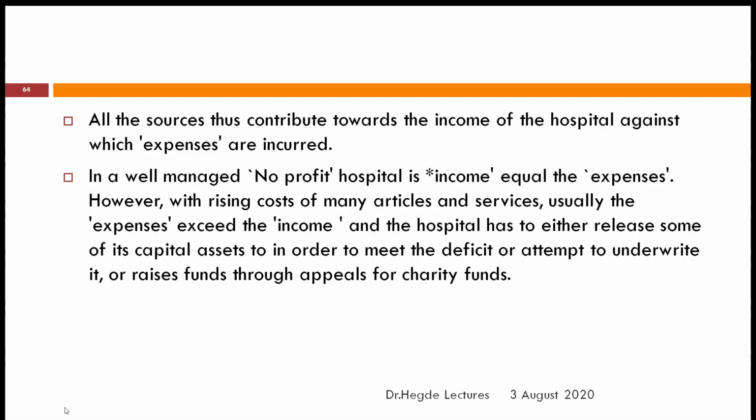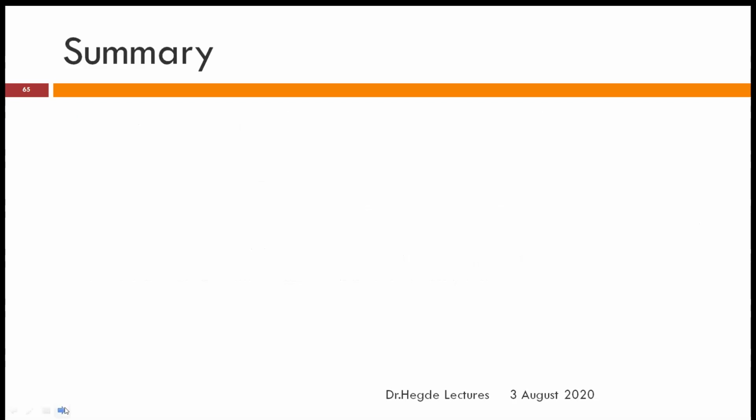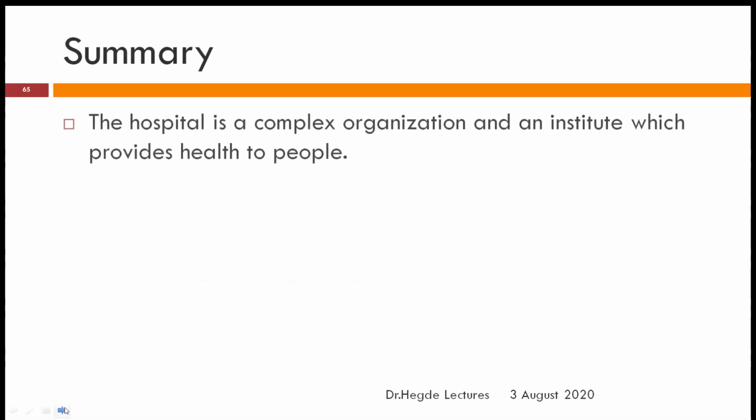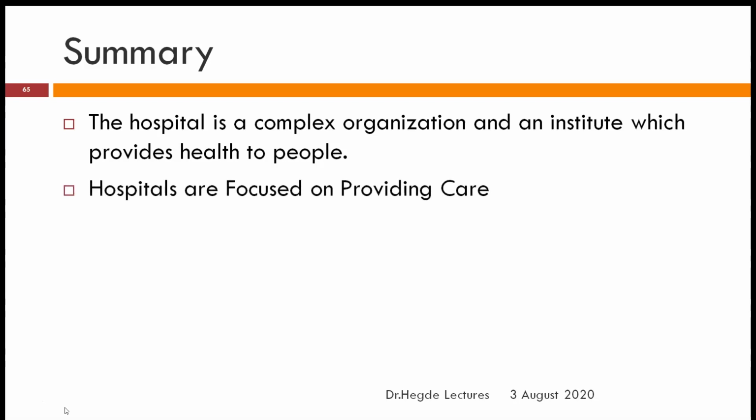Okay, so what we have discussed overall, the summary of the chapter: the hospital is a complex organization or institute which provides health to all people. Hospitals are focused primarily on providing care. Then we have seen the different classifications of hospitals, whether it is the clinical basis of classification, isn't it?